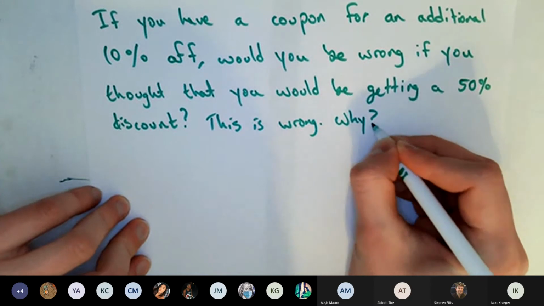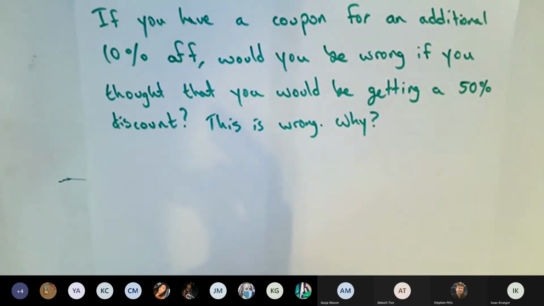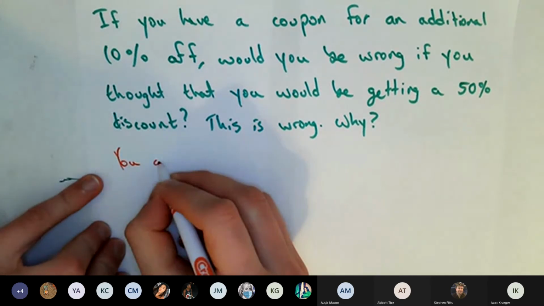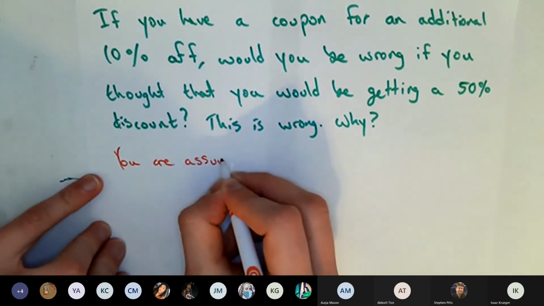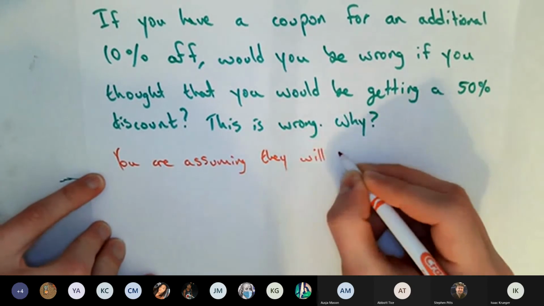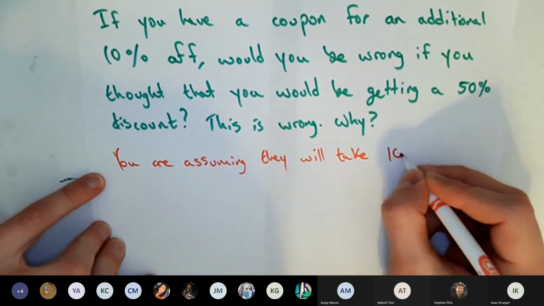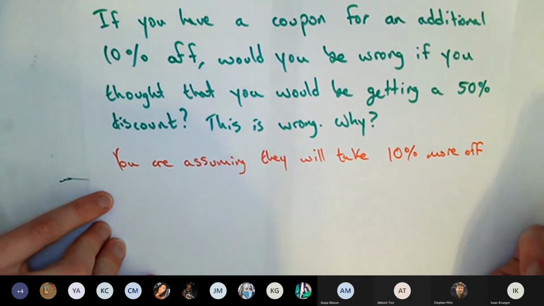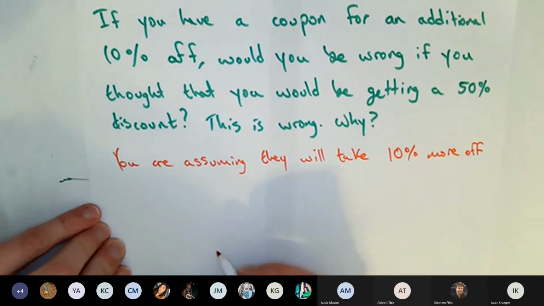Consider what you are assuming: that they're taking that additional 10% off of the total again. You may not have known you were making this assumption, but this really is what you were assuming.